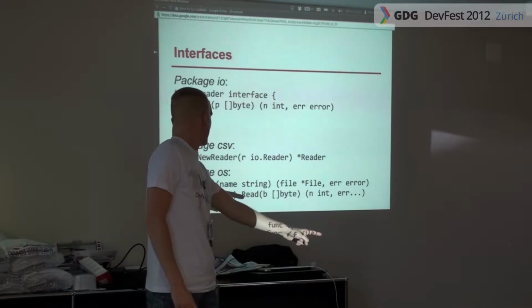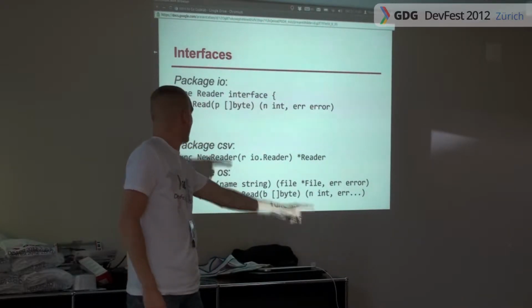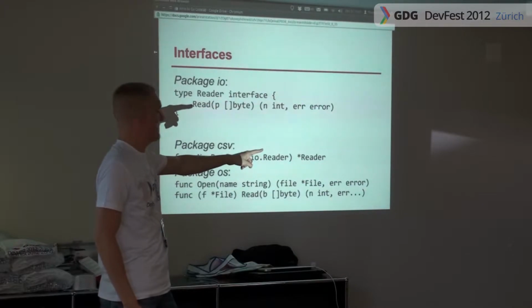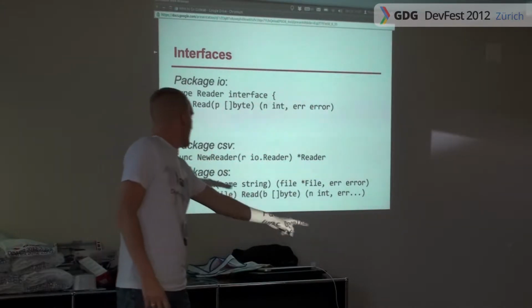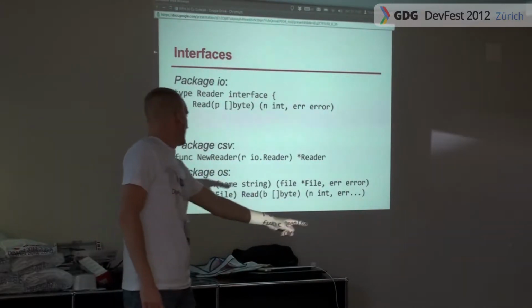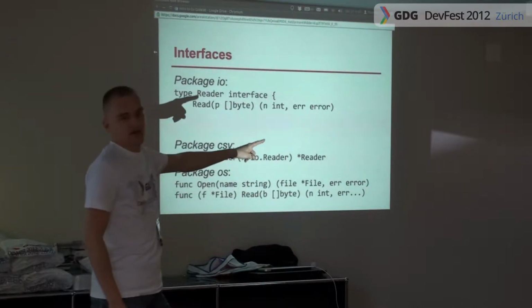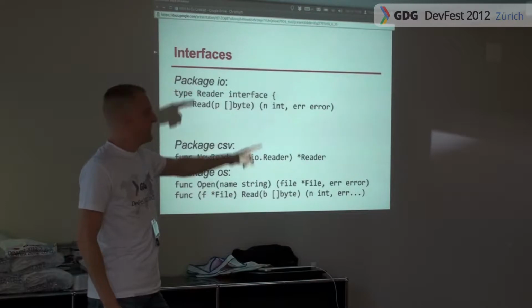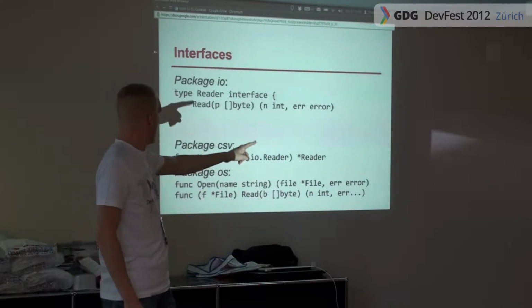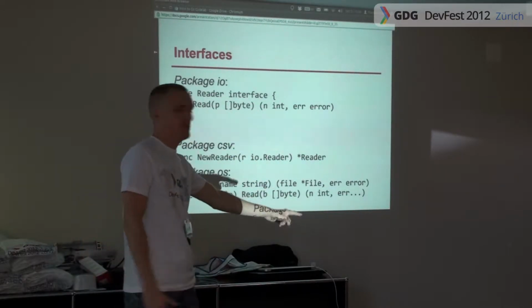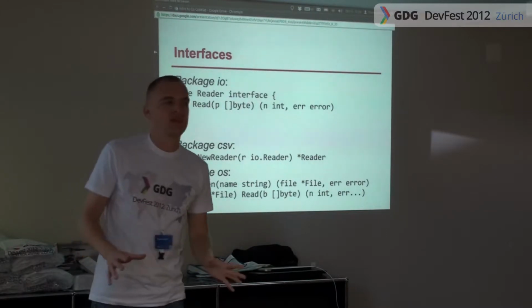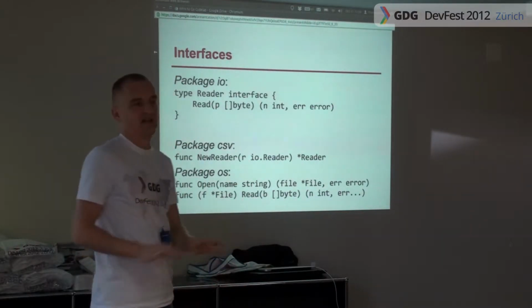And if you compare, the signature of this method is exactly the same as here. And in Go, that means that the file object implements io.Reader, because it has the exact same method with the same signature, and you as a programmer never have to say file implements io.Reader.